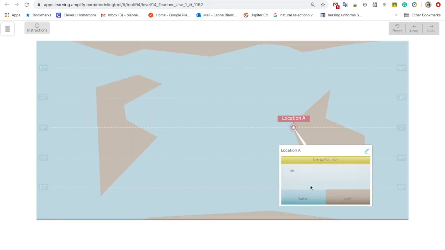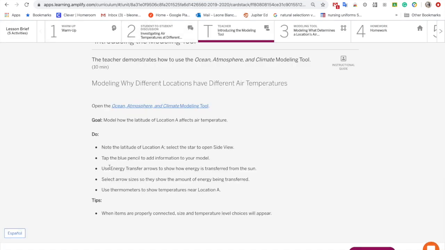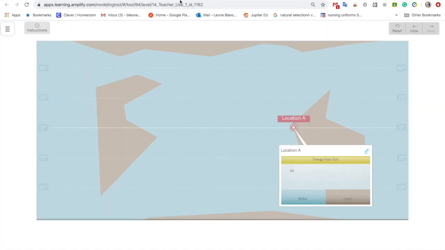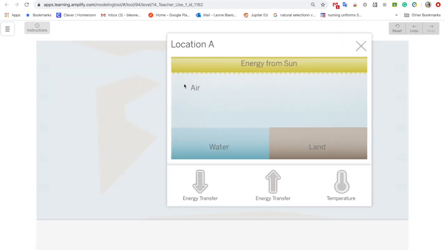Now I have the side view. Tap the blue pencil to add information to your model. And here we have the blue pencil to indicate the model.